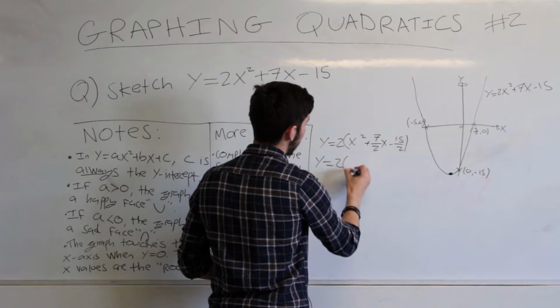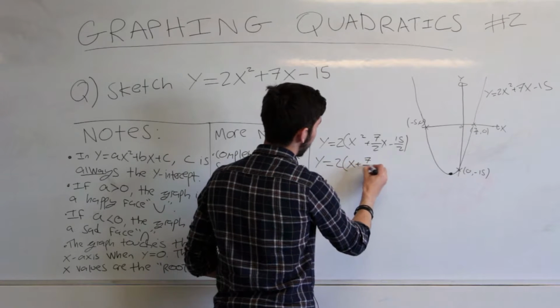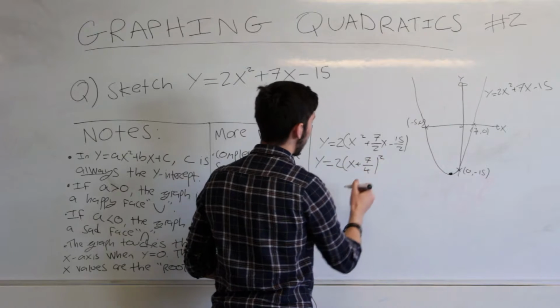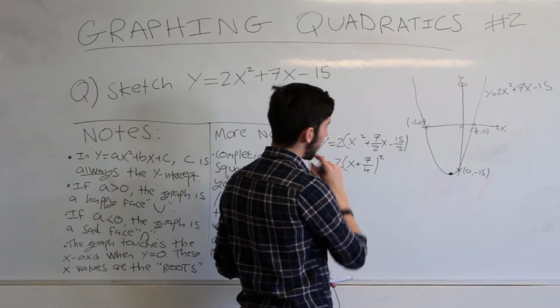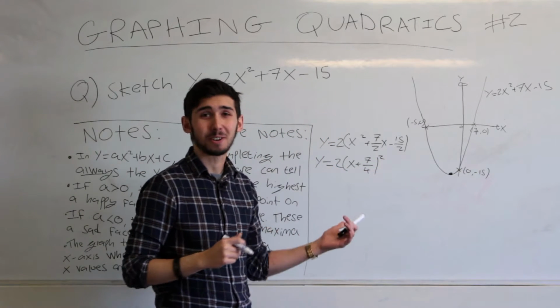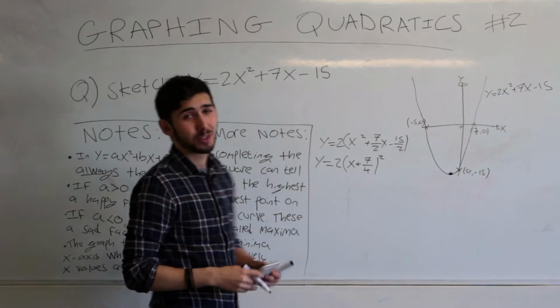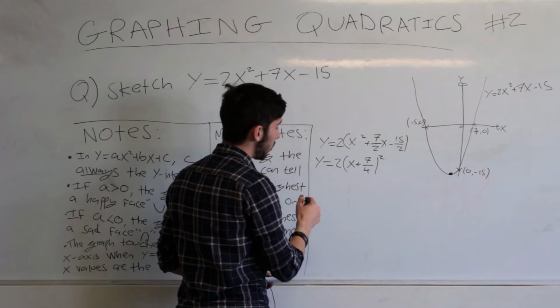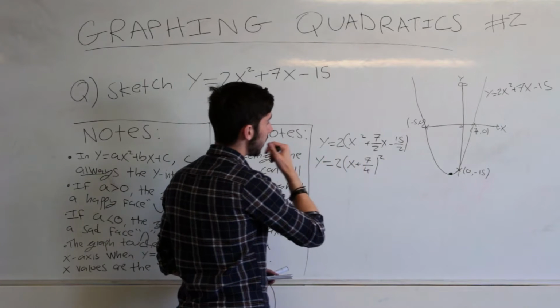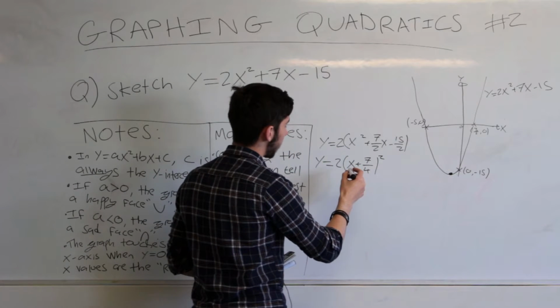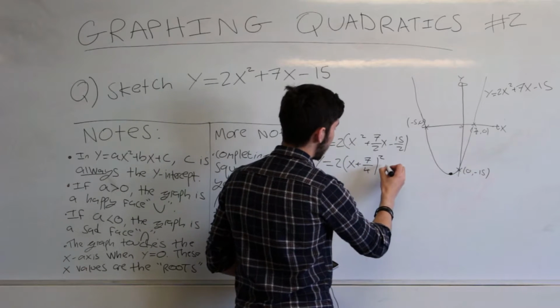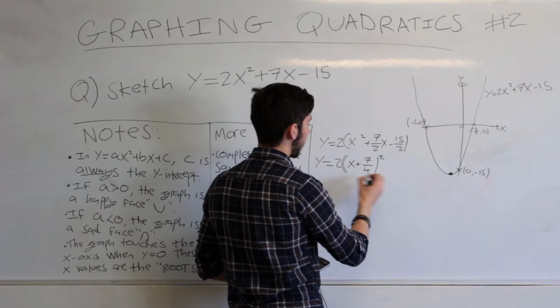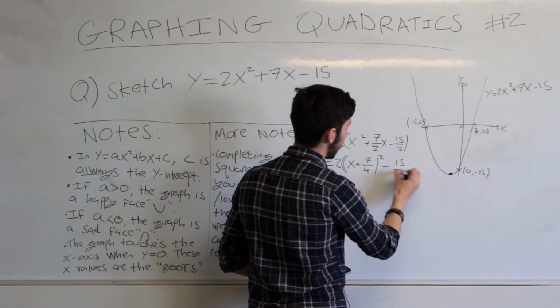So that's going to be 2 times x plus 7 over 4 squared. Again, you should know how to do this. So we've got the 2 here, and we actually need another bracket there. We still need to take away 15 over 2.